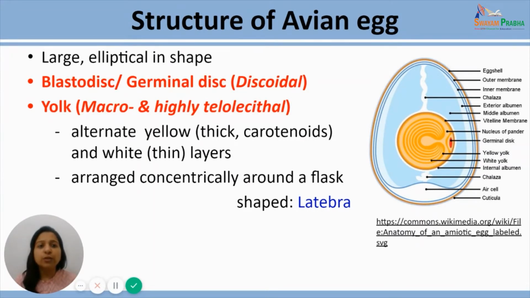Now, most of the oocyte, when it is just ready to be fertilized, is covered with yolk. This makes the egg macrolecithal and highly telolecithal in nature, while most of the cytoplasm of the oocyte is just displaced to one side, and this is known as germinal disc or the blastodisc.